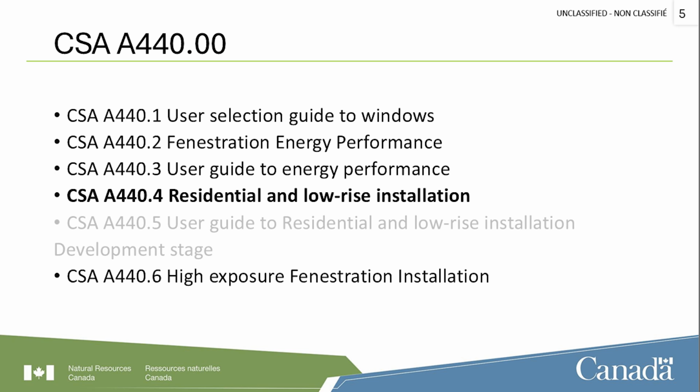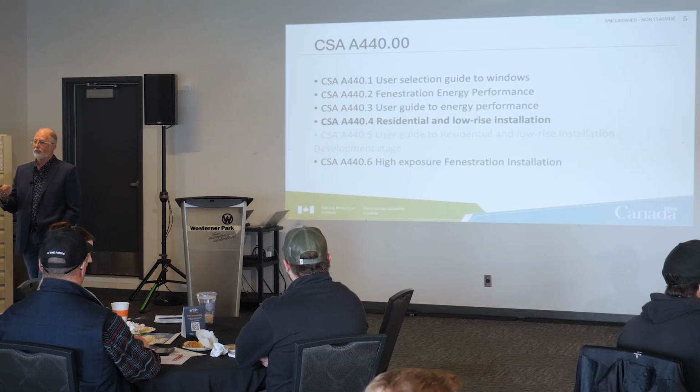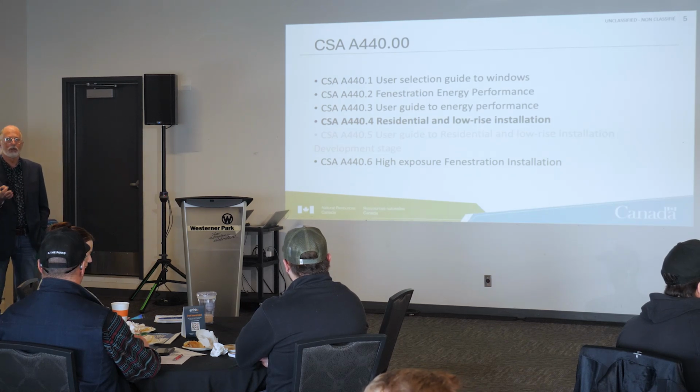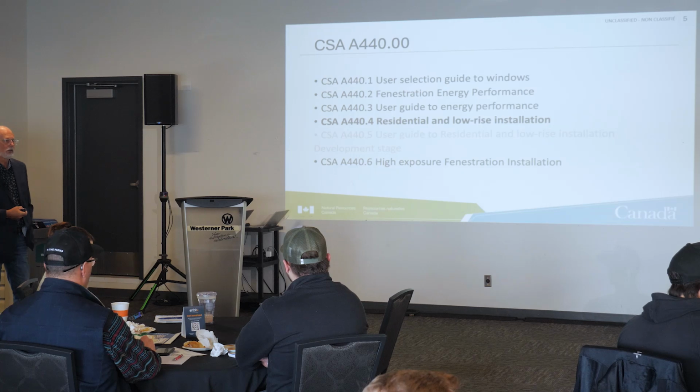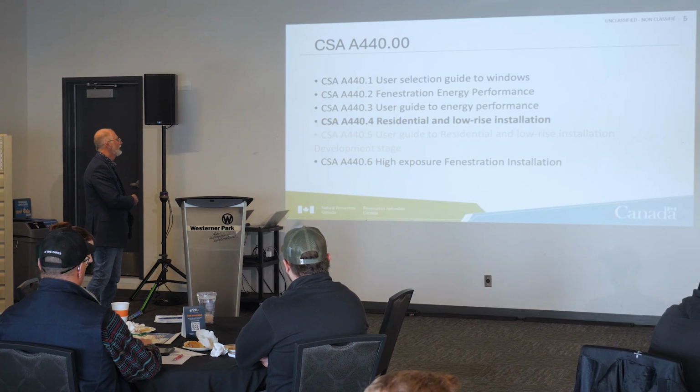You have a user guide for energy performance. The one we're focused on is 440.4. And coming with the next revision is going to be a 440.5, a user guide for the installation. That's already been developed. It just missed the 2025 code, so it'll come out in the 2030 code. So just a bit of an overview of CSA standards.